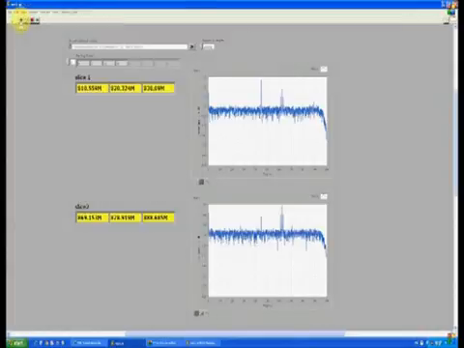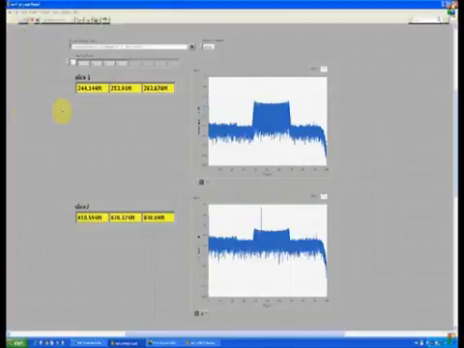I restart again, and it takes a while until it has processed all the samples. I have here my second file, a reconstructed FM, and down here I have again a reconstructed sine signal.